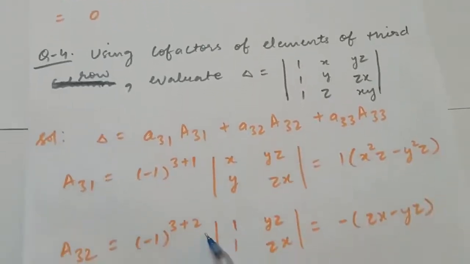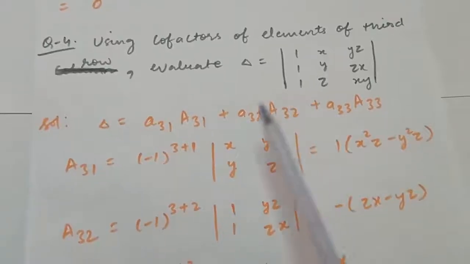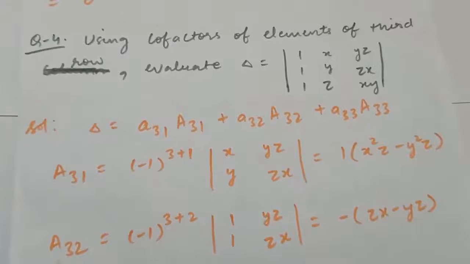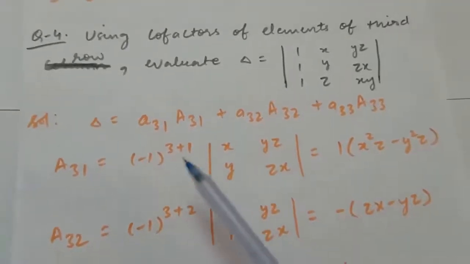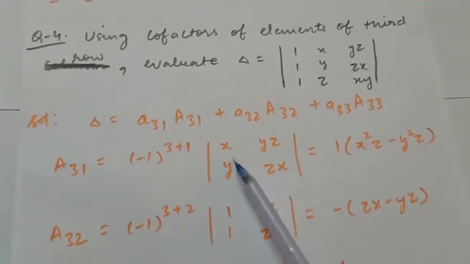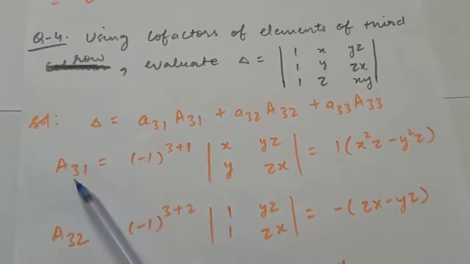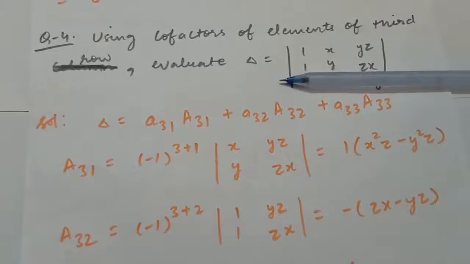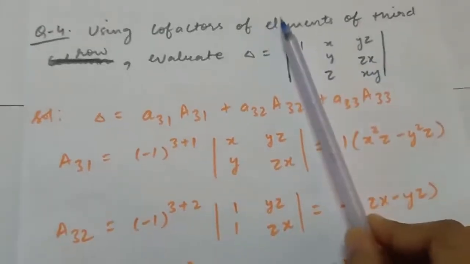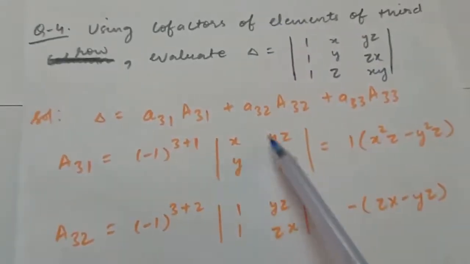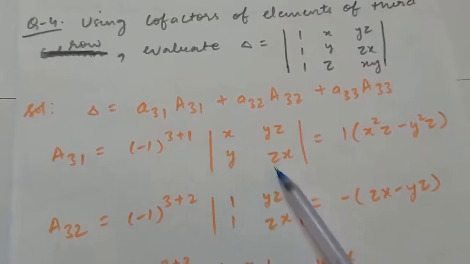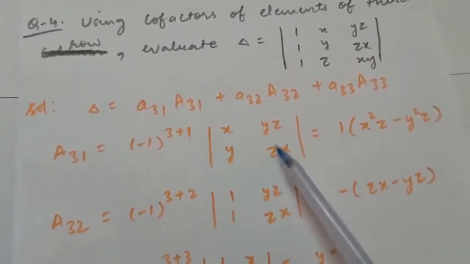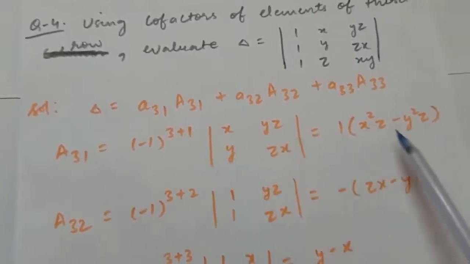So find out the cofactor of 1, that is A31, which is equal to minus 1 raised to the power 3 plus 1 into the determinant which you will get after deleting the third row and first column. That is, after deleting this third row and first column, you will get x, y, z, y, zx. So this will be 1 into x square z minus y square z, right?